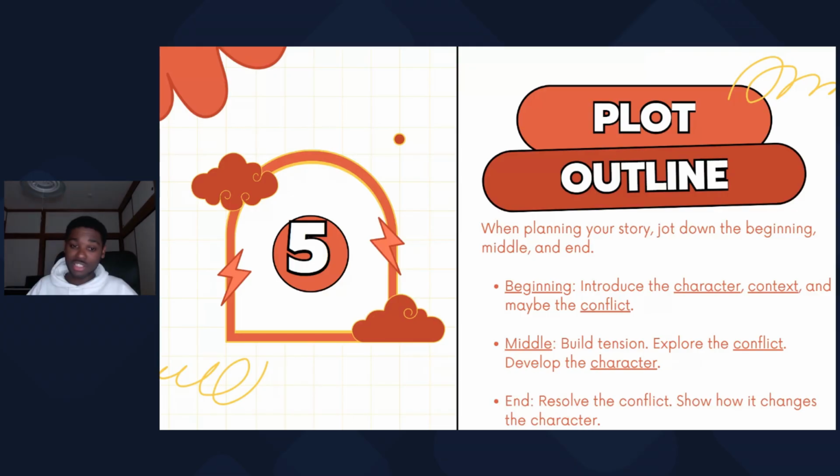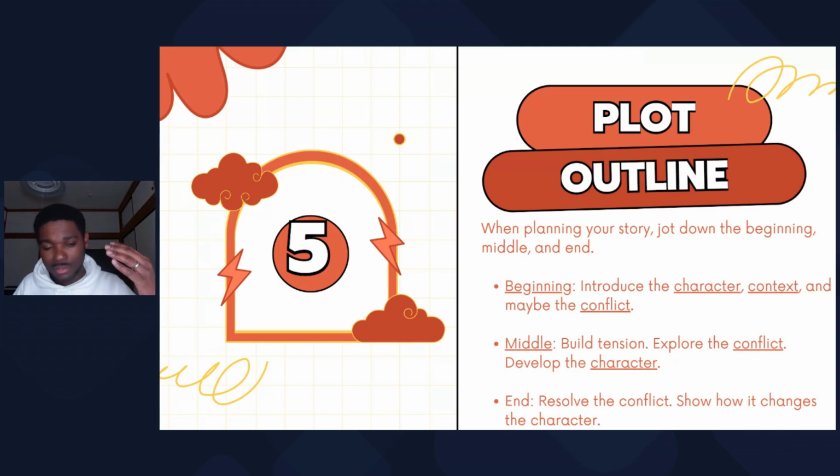For the plot outline, you're just going to write, okay, in the beginning of my story, this is going to happen. In the beginning, you need to plan a way to introduce the character and the context and maybe introduce the conflict. Then, next part of your plot outline, middle. Here is where you're going to build tension and explore the conflict, and the character is going to be developed.